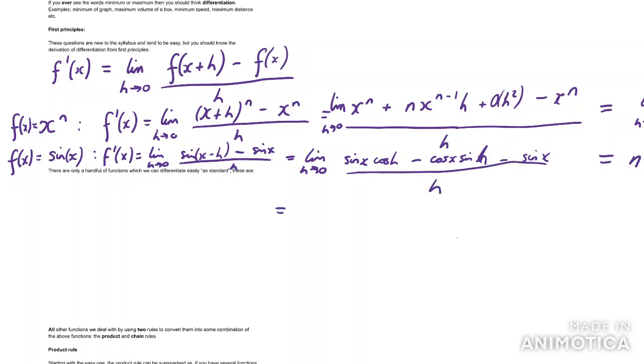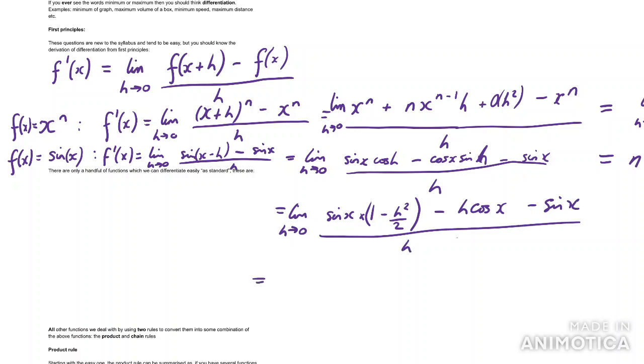Then what we need to do is use the small angle approximations. Sine h is roughly h, and cos h at small angles is roughly 1. Just to be safe, let's use 1 minus h squared over 2, which is the small angle approximation of cos.